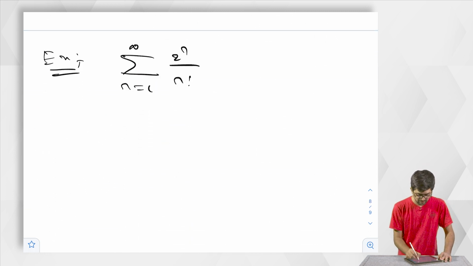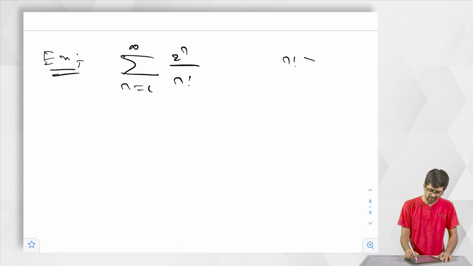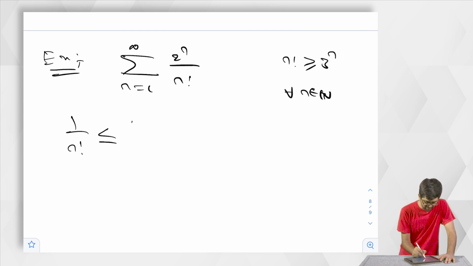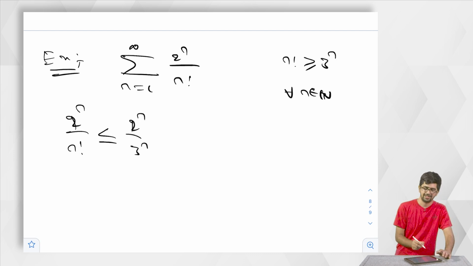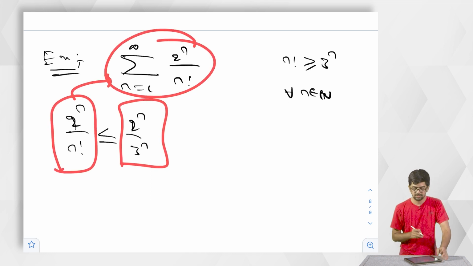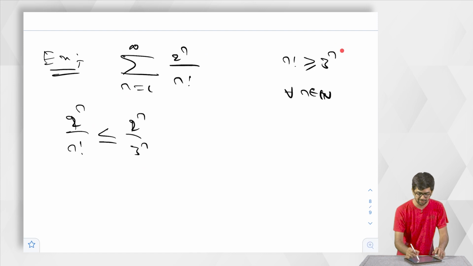Do I have that n factorial is greater than or equal to 3^n for every n belonging to the naturals? If this is the case, then 1 by n factorial is less than or equal to 1 by 3^n, and 2^n I am writing as it is. Then I use the same comparison test to conclude that from here and convergence of this, we conclude convergence of this series. Now the first thing to do is, let us check whether this is true or not.